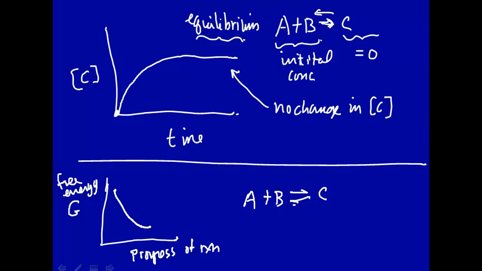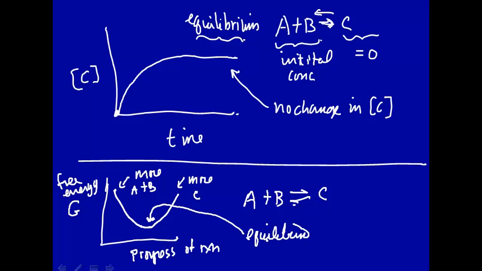But then, if you now go past equilibrium, now you have more products and fewer reactants. The reaction will go backwards. So over here you have more C. Over here you have more A plus B. And so A plus B will go to C. Here C is too much. Right here at the minimum of free energy you have equilibrium.